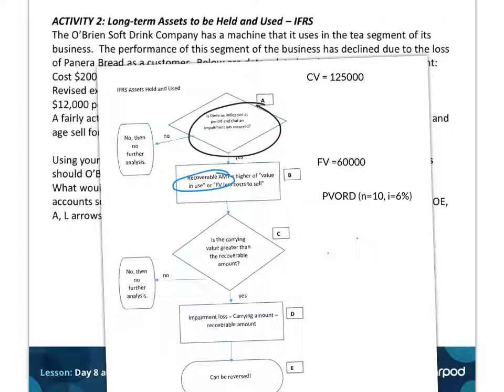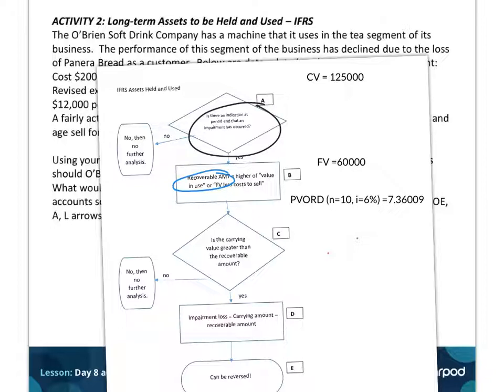And that factor is 7.36009. Right, so there is my present value of an ordinary annuity factor.